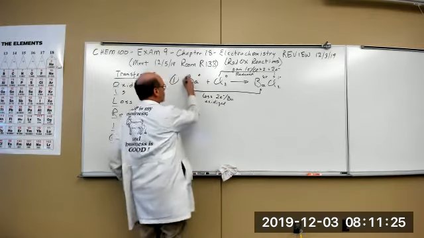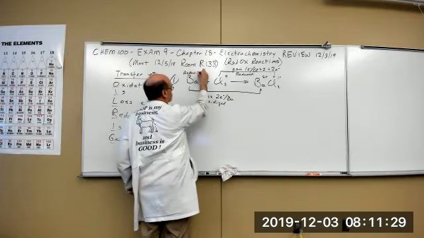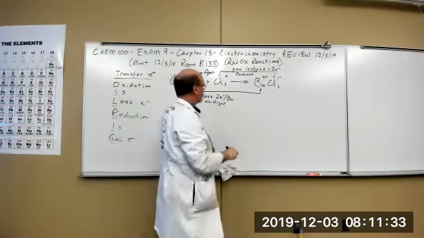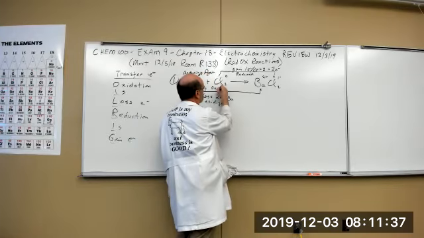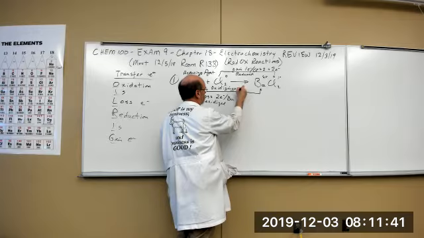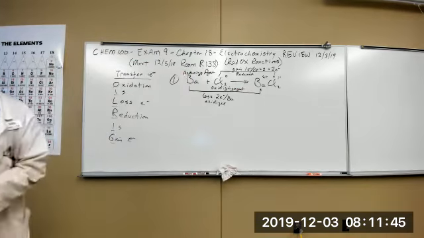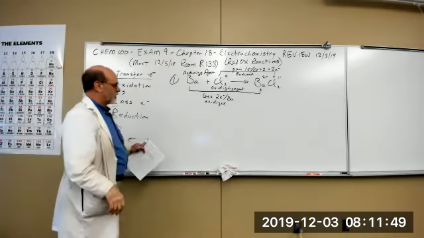So barium is the reducing agent. And that makes chlorine the oxidizing agent. Okay? That's not part of the question, but I couldn't help myself.